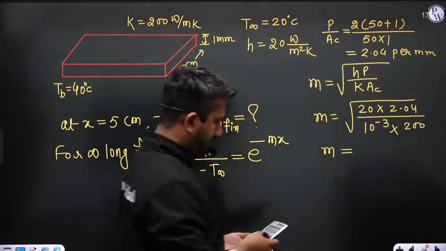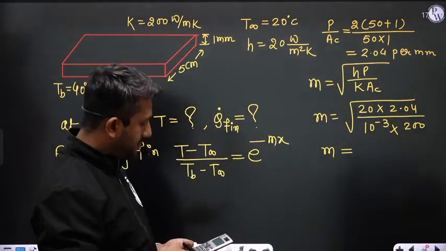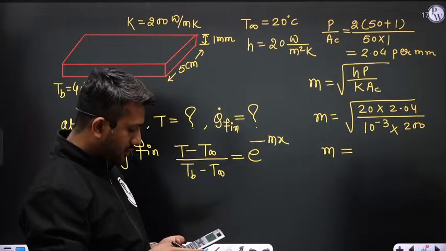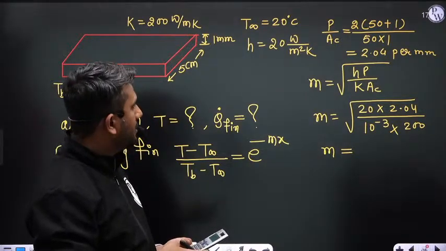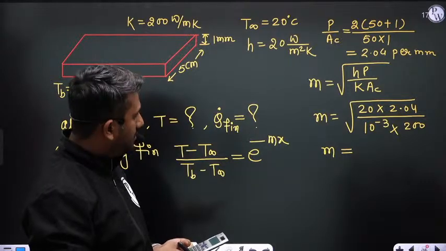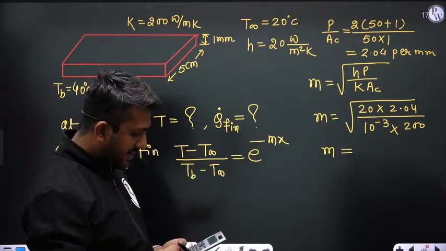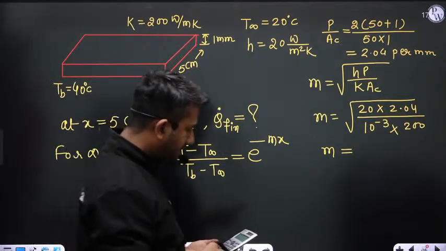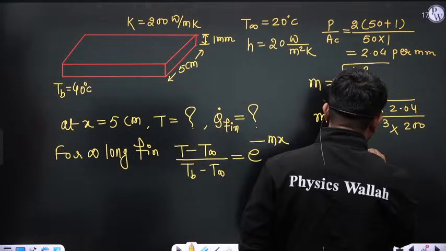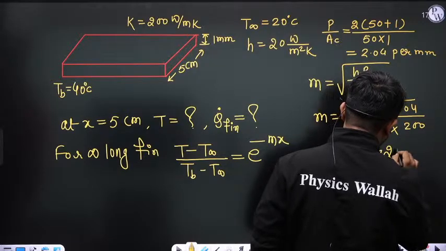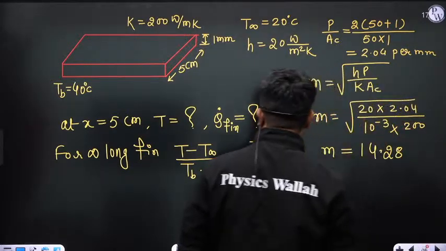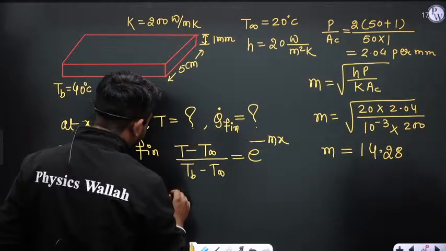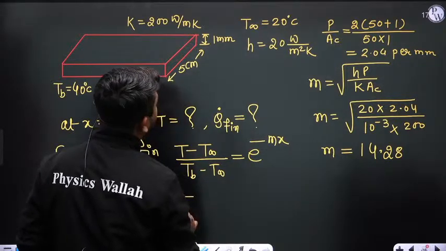That is root over 20 into 2.04 into 10 to the power minus 3 into 200. So it comes 14.28.